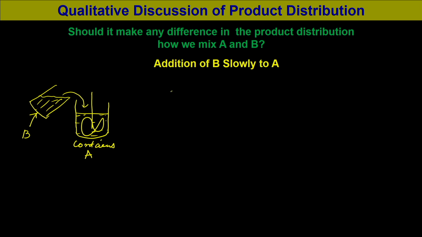Now, as we know, the reaction A plus B produces R with a rate constant k1.